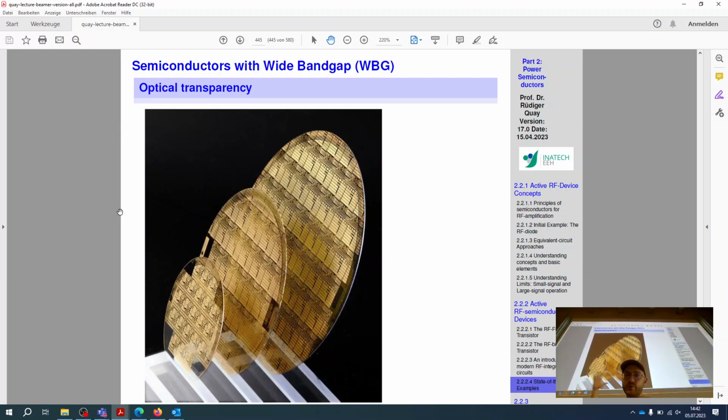Usually the issue with these substrates with higher band gap is that they haven't been developed as silicon has been developed in the industry, being pushed by many corporations with regard to applications in computers and phones and whatever. These technologies still are at the level of semi-industrial application, but also development, still in research.